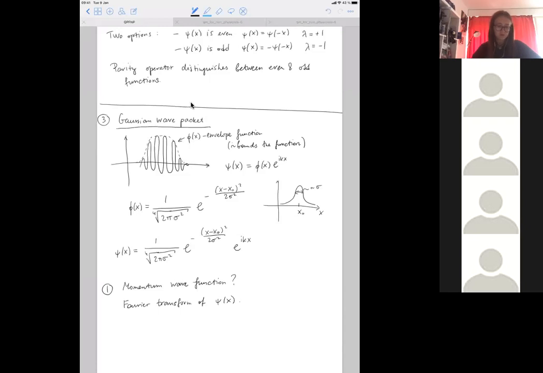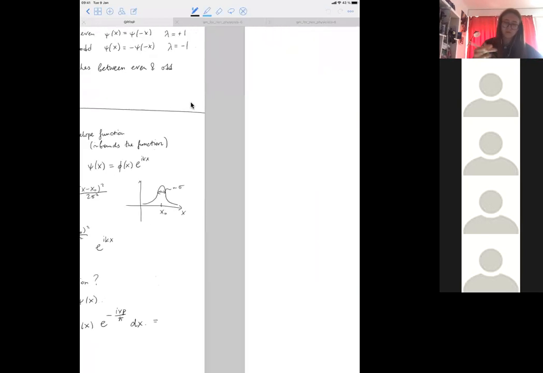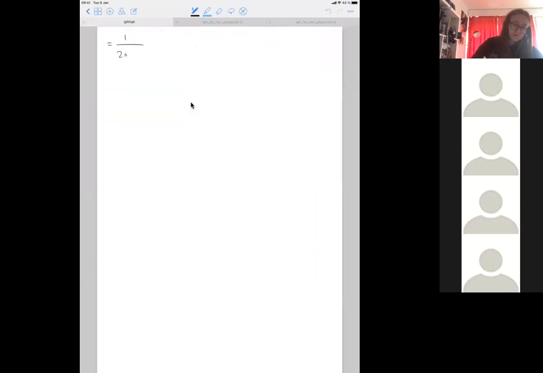So to find psi bar of p, we just need to carry out the Fourier transform. This is quite a lengthy integral to take, so I probably won't do all of it now, but I can tell you how to do it.